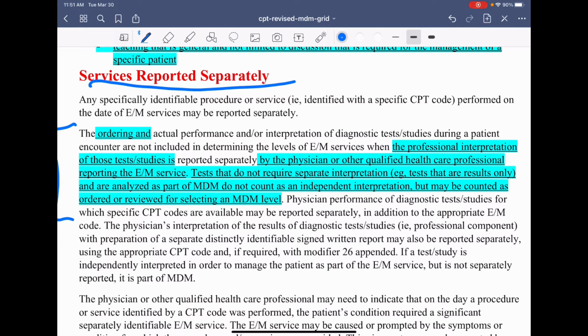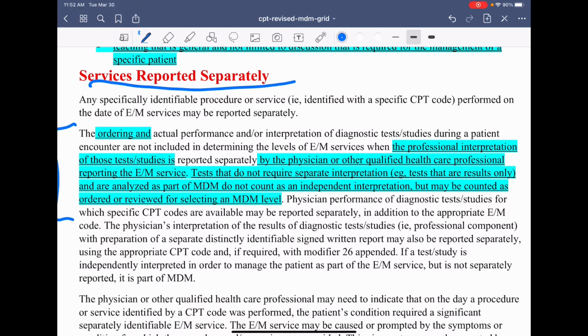The ordering and actual performance and/or interpretation of diagnostic tests/studies during a patient encounter are not included in determining the levels of EM service when the professional interpretation of those tests or studies is reported separately by the physician or other qualified healthcare professional reporting the EM service. Tests that do not require separate interpretation and are analyzed as part of the MDM do not count as independent interpretation, but may be counted as ordered or reviewed for selection of the MDM level.